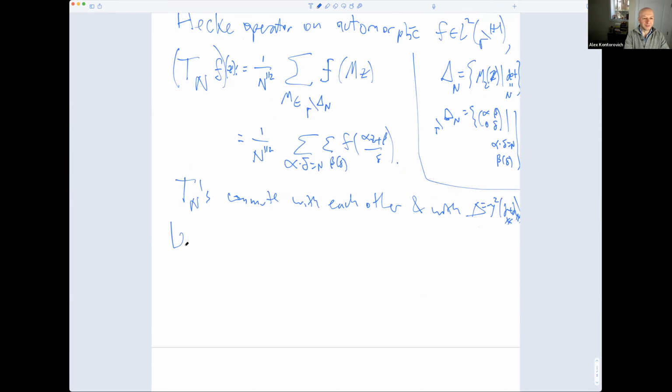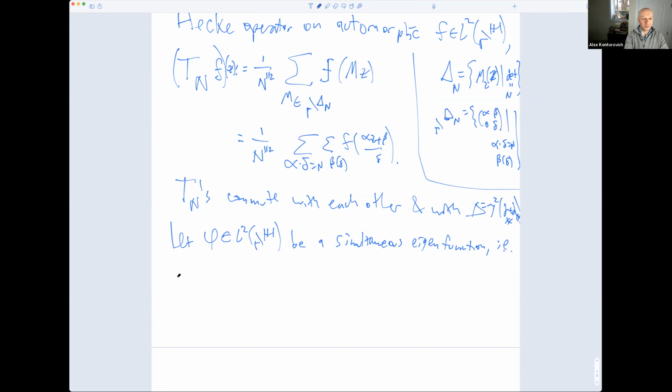So let phi in L2 of H mod Gamma be a simultaneous eigenfunction, i.e., it's an eigenfunction of all operators.